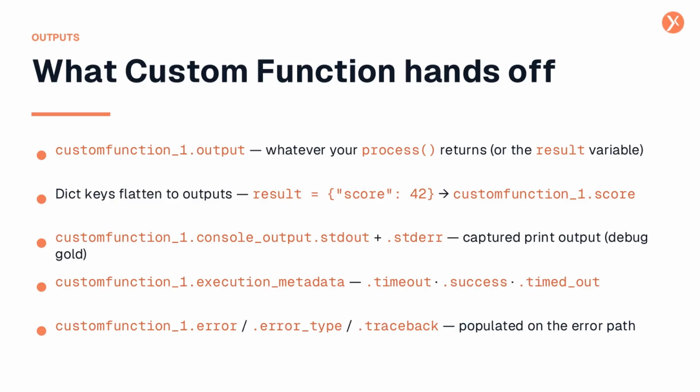Custom function egg.execution_metadata offers details like execution time and timeout status. In case of an exception, custom function egg.error.error_type and .traceback provide the error message, exception class, and full Python traceback, enabling you to set up crash alerts.